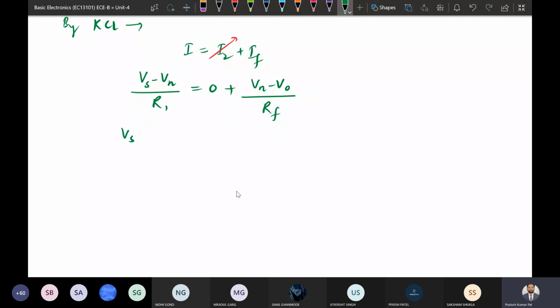Here Vs divided by R1, and V0 divided by Rf will be equal to Vn taken outside, times 1 by Rf plus 1 by R1. This is how we can do this.